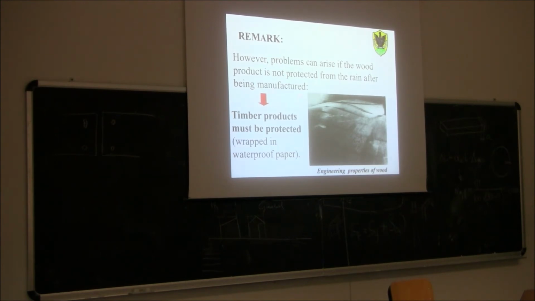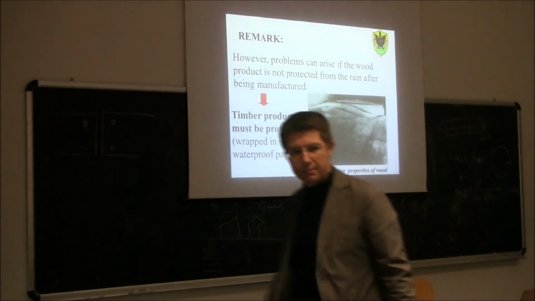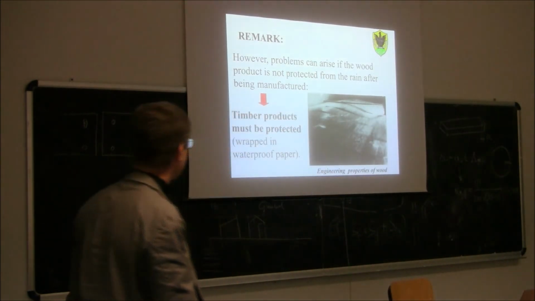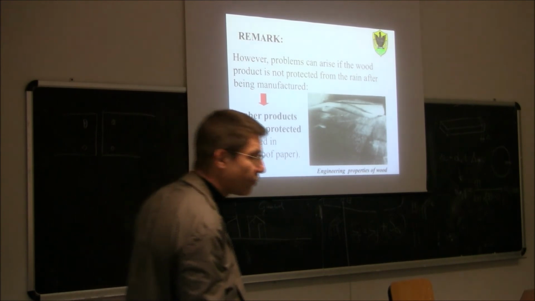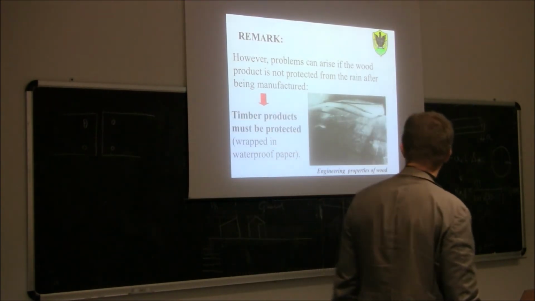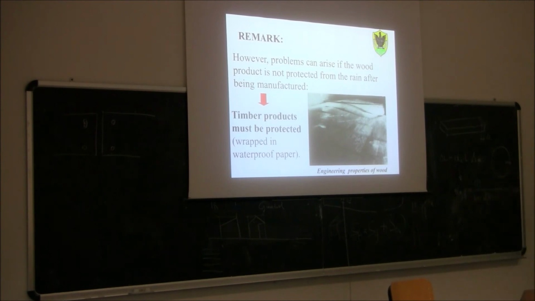And then, you see, we get a situation like this. So remember, in general, when we deliver wood products they should always be protected. Usually we wrap them up using waterproof paper to protect them from the rain.